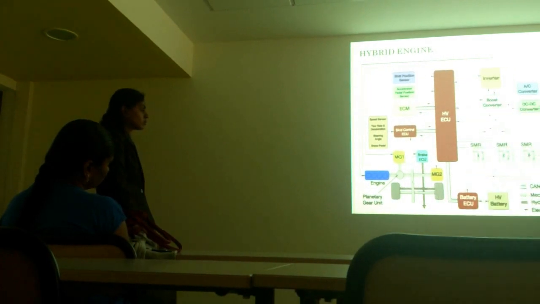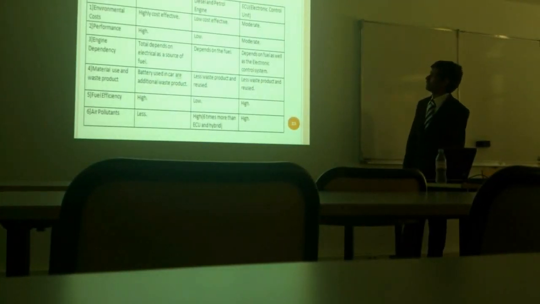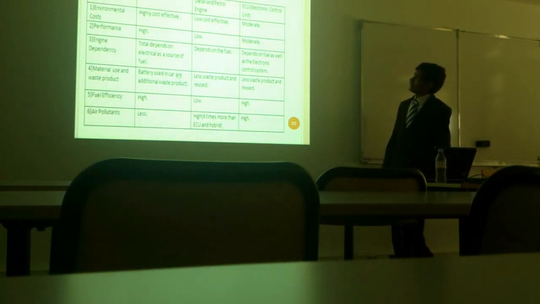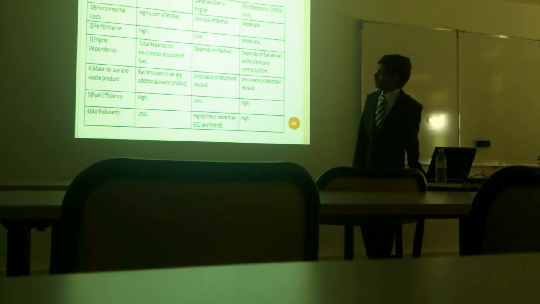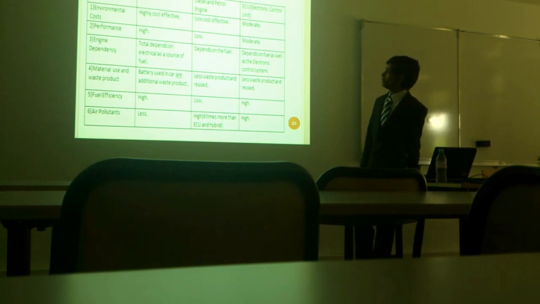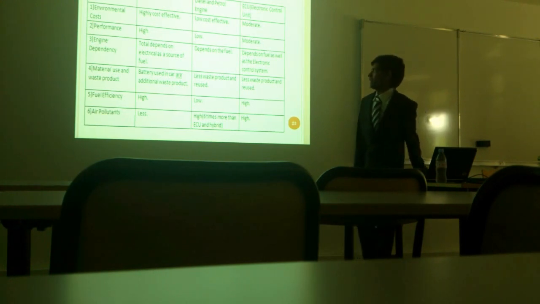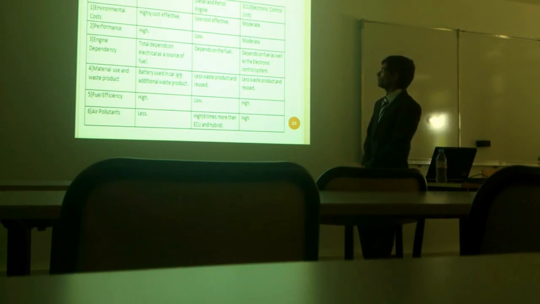So next we go to the brief comparison of the hybrid, diesel and petrol engine, and ECU. First we come to the environmental cost: the hybrid engine is highly cost effective, and diesel and petrol engines, as compared to the hybrid engine, are low cost effective.